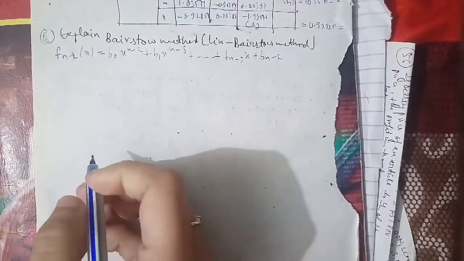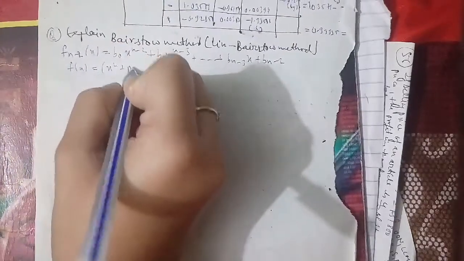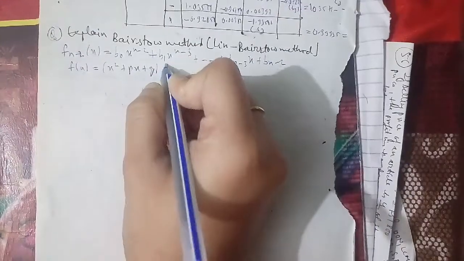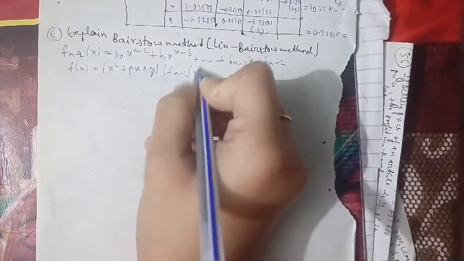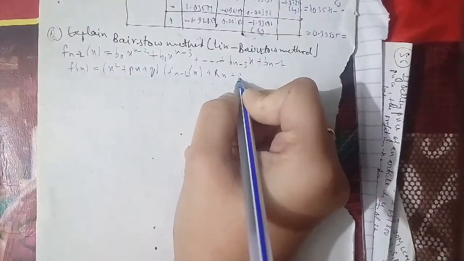Then the polynomial f(x) is in the form f(x) equals x squared plus px plus q times f n minus 2 of x plus rx plus s.